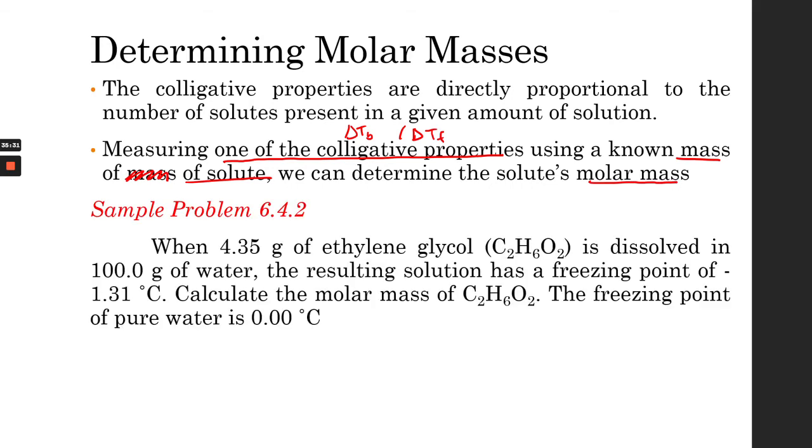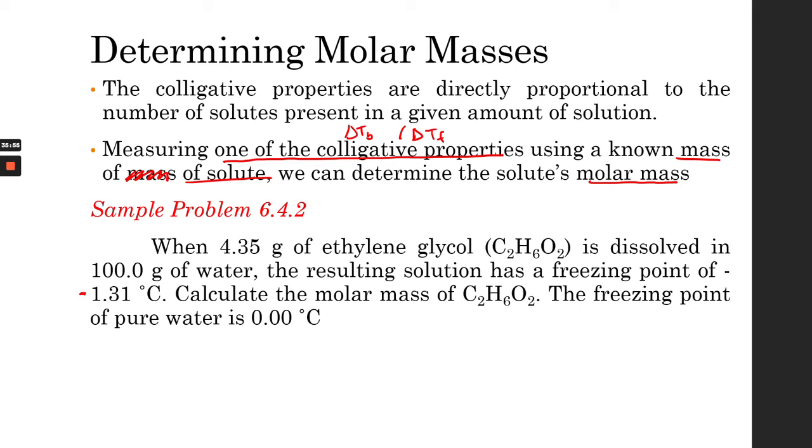Let's use the sample here. So when 4.35 grams of ethylene glycol, C2H6O2, is dissolved in 100 grams of water, the resulting solution has a freezing point of negative 1.31 degrees Celsius. So ito yung bago, so this is negative, okay?